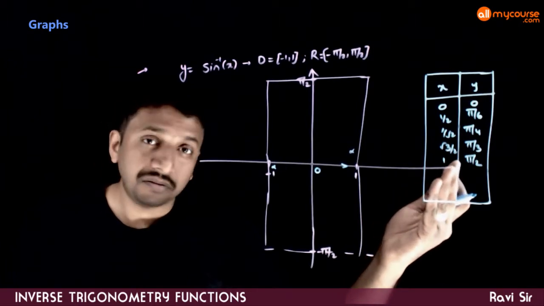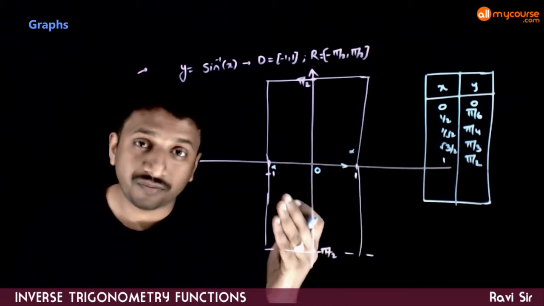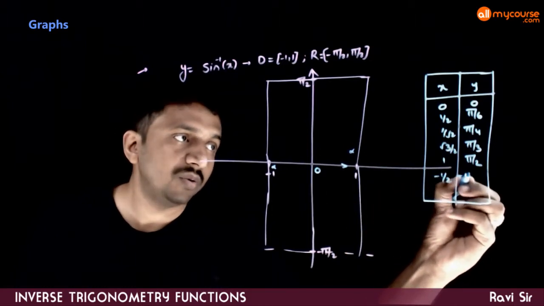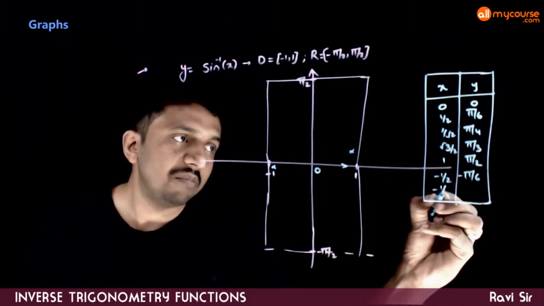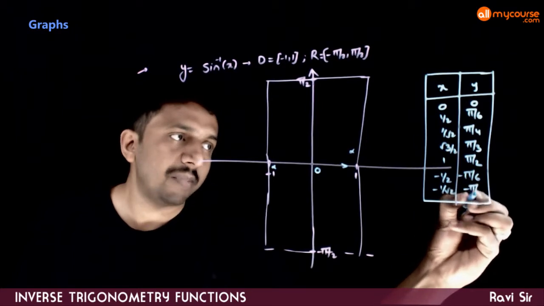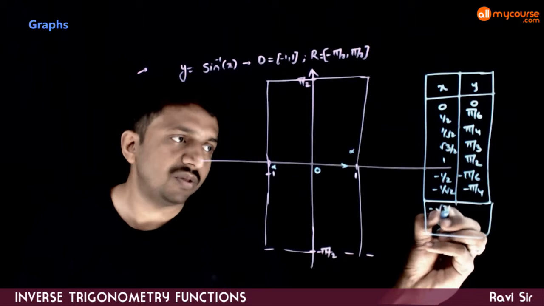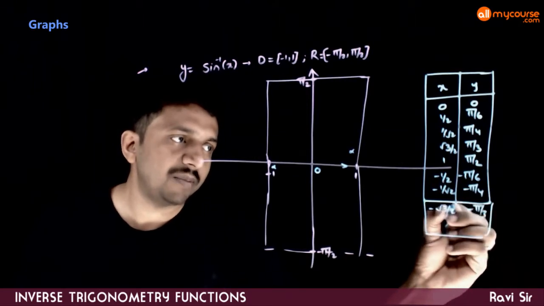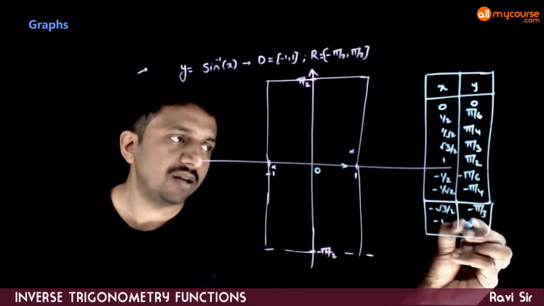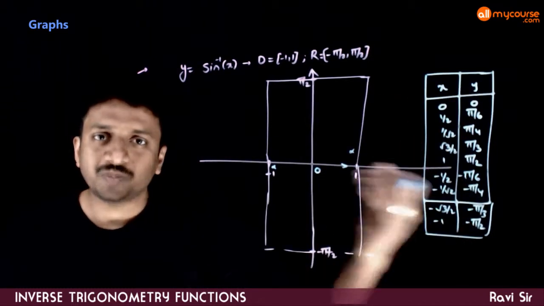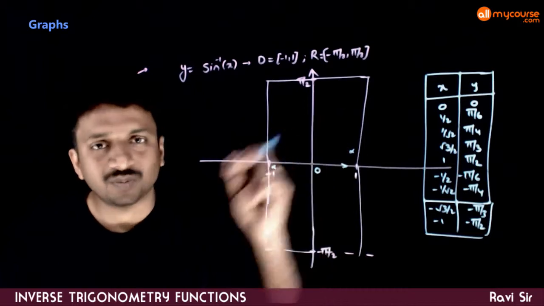You get the values in the fourth quadrant corresponding to negative values. It is -1/2, -π/6; -1/√2, -π/4; -√3/2, -π/3; -1, -π/2.